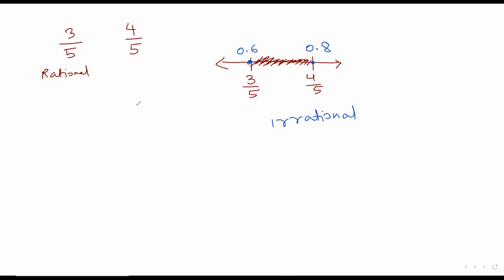Okay, how about 0.7010010001 and then 4 times 0 and then 1 and so on. Is this an irrational number? Yes, ma'am. Veer, what do you think?